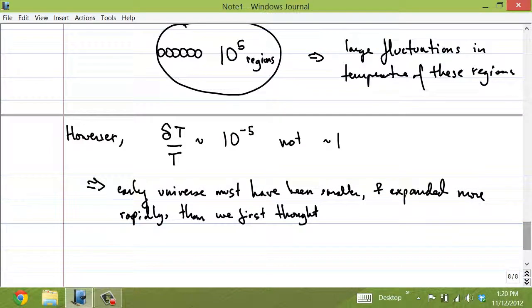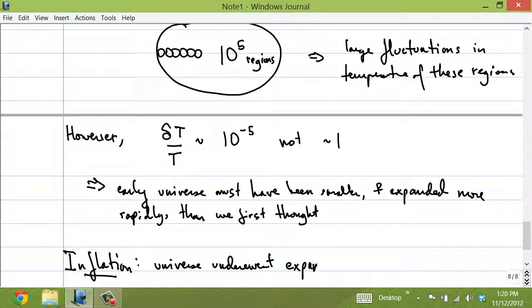And so the proposed solution to this problem is what is known as the theory of cosmological inflation, which is that the universe underwent a period of exponential expansion at very early times.